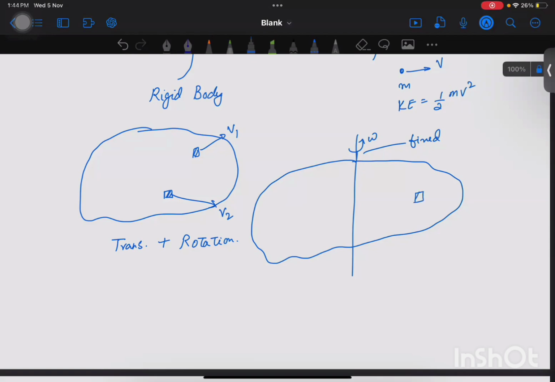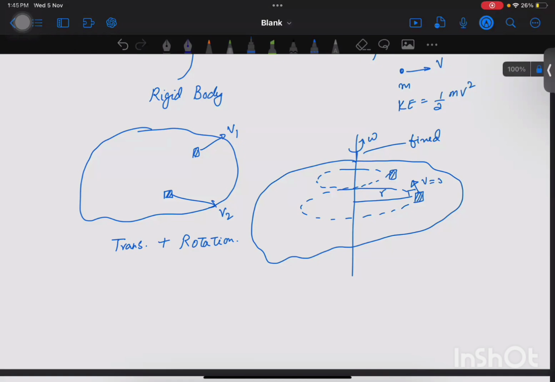So what we observe is that every particle over here would be moving in which kind of path? A circular path, right? Why? Because all of them have the same value of omega as they keep on rotating over here, right? So if the distance over here is equal to r, the velocity over here is nothing but v.